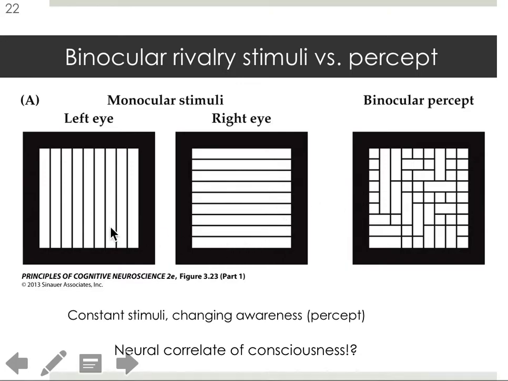So even though you're showing constant stimuli, you might get a changing level of awareness. This allows neuroscientists to look into the neural correlates of consciousness, which is distinct from the neural correlates of stimulus perception itself, because the stimulus is the same but our awareness or experience can be flipping. So that's a really neat use of this binocular rivalry setup.